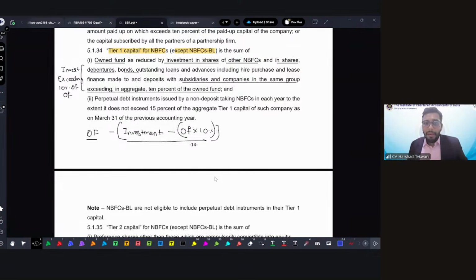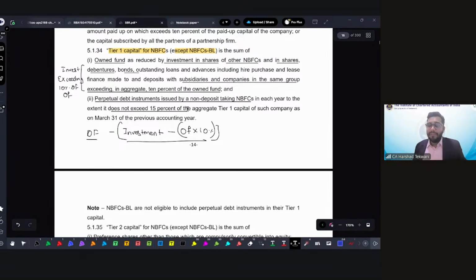Second thing is perpetual debt instruments issued by an NBFC, which does not exceed 15% of the tier 1 capital. Perpetual debt instrument, PDI, which does not exceed 15% of the tier 1 capital.